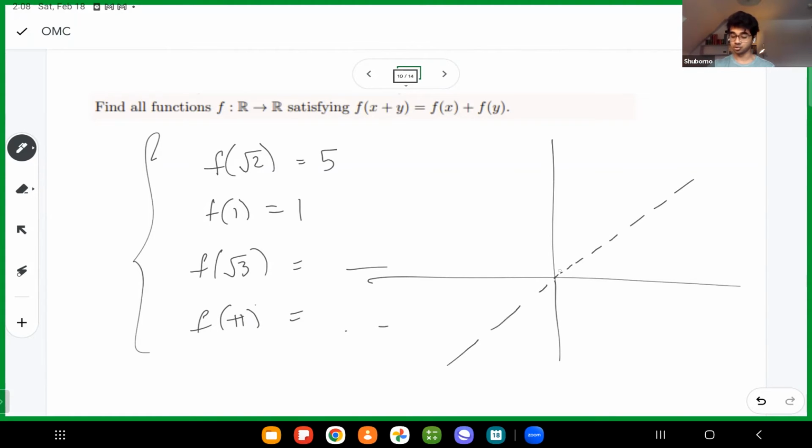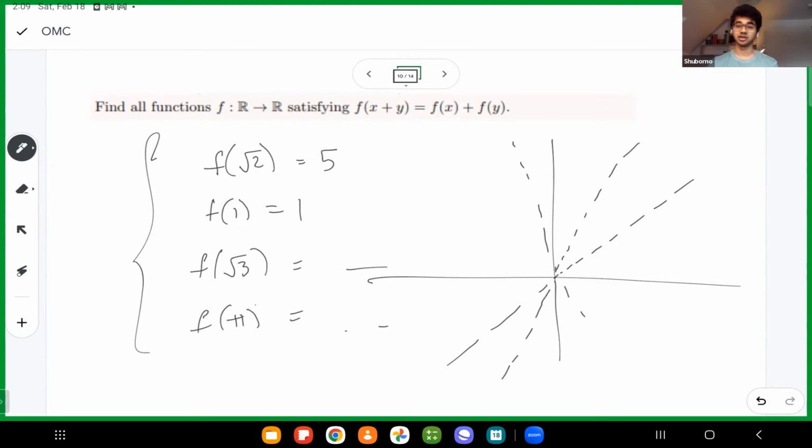Then for root 2, it went like this, and for some other value, it went somewhere else. And these are all dense values as well. So that's the general solution of this additive functional equation.